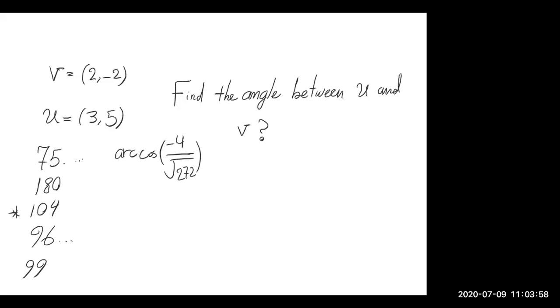The idea is that we should use the two different ways we have to compute the inner product, right? We should use the inner product using the first way. It would be 2 times 3 plus minus 2 times 5.